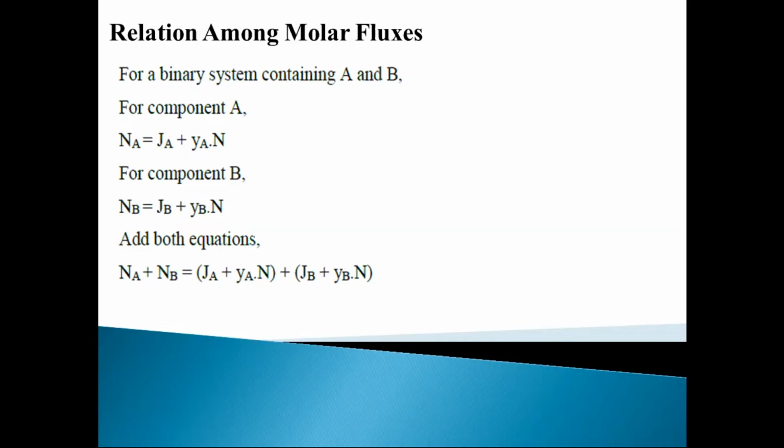We are going to form a relation between the molar fluxes. We already saw that there are two molar fluxes, the J flux and the N flux. So what is the relation between them? For component A, NA is the total flux for component A. It is not the N flux, always remember that.